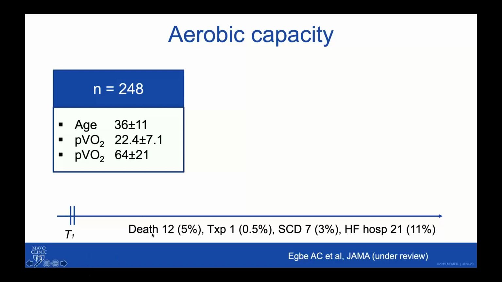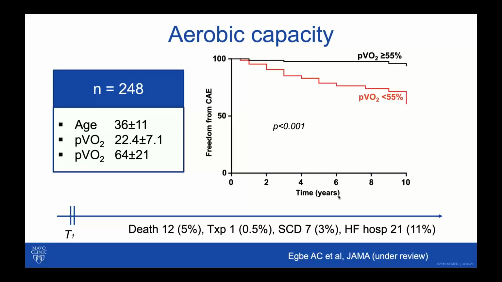And during that time, there were some deaths, 1 transplant, 7 aborted sudden cardiac deaths, and a number of heart failure hospitalizations. So what we showed was having predicted peak VO2 less than 55% was associated with reduced event-free survival. This is cardiovascular adverse events, so composites of all this.